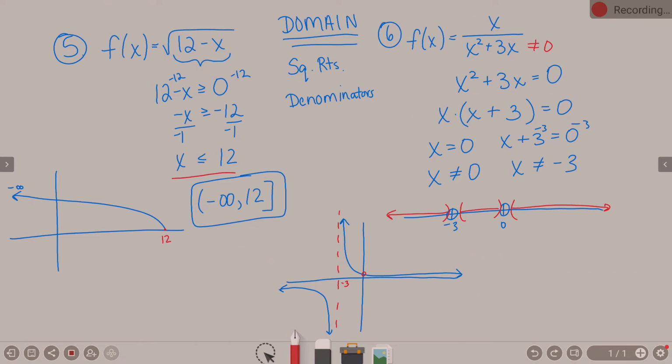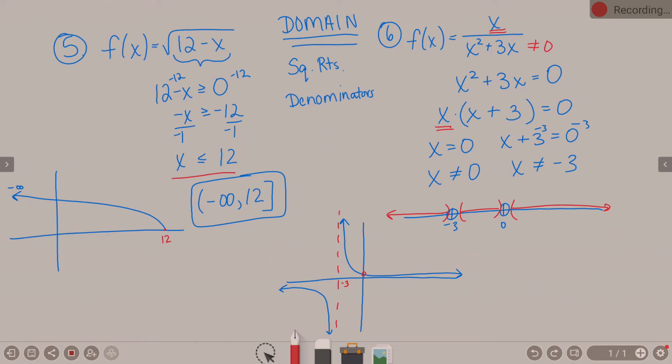What happened here, I don't know if you guys caught this, when we factored out an x, this x right here would cancel with this x right here, yes? And when a factor on top and a factor on bottom cancels, that creates a hole instead of a vertical asymptote. Does that sound familiar? Okay. And so that's how we would know, this is why the algebra is important on this one.